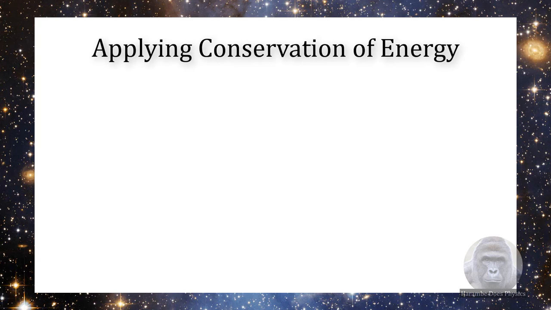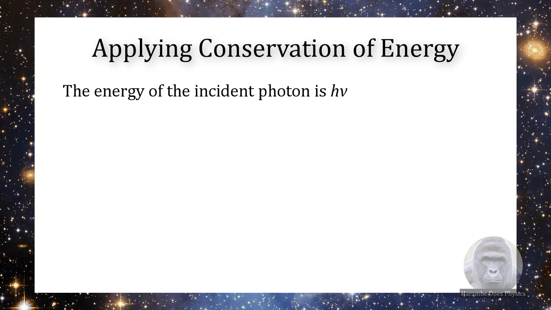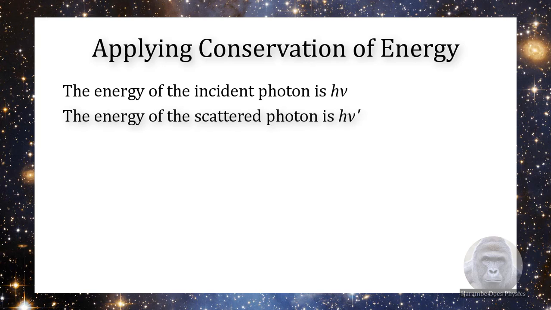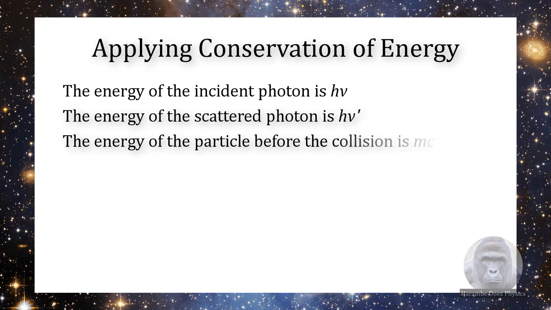Now we apply the conservation of energy. The energy of the incident photon is h nu. The energy of the scattered photon is h nu prime. The energy of the particle before the collision is the relativistic rest energy mc squared.